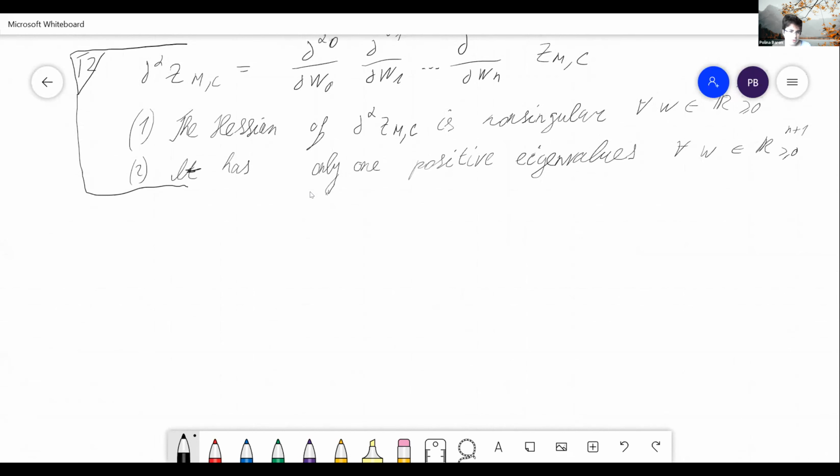So I want to tell you a technical lemma, and I sort of don't really want to prove it because it's basically linear algebra. And the lemma is the following. We consider a symmetric matrix which of course stands for our Hessian.